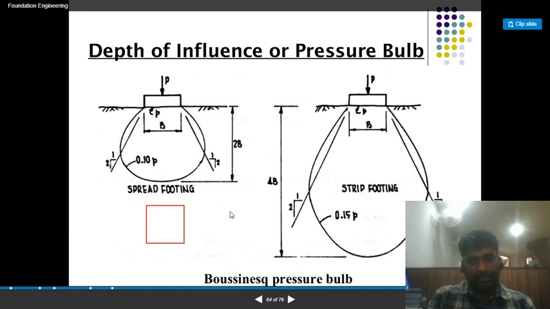For spread footing and strip footing, you can see that up to a depth of 4 times the width of the footing, this pressure bulb or depth of influence might be seen. This is circular variation and this is trapezoidal variation.